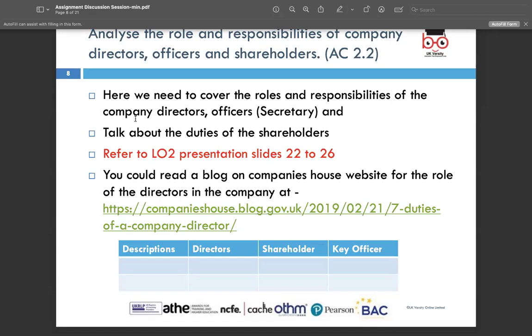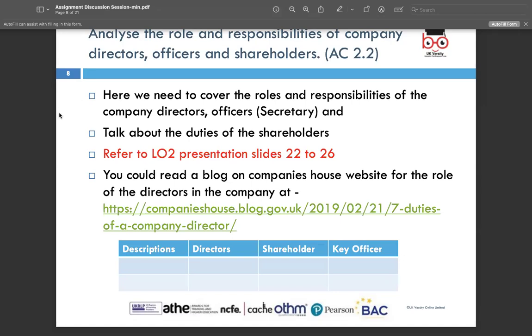Here you can also talk about other officers, like a chief financial officer, who manages a specific area in the business. Shareholders' rights and responsibilities: rights to dividends, voting on major issues, and attending annual general meetings. Responsibilities include contributing to the company's capital and potential liabilities.